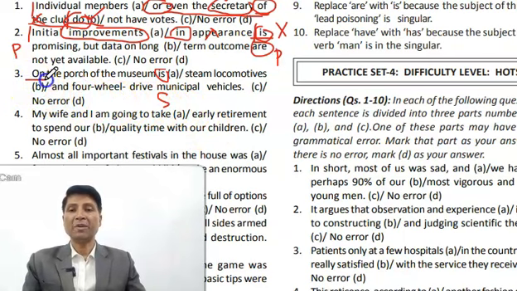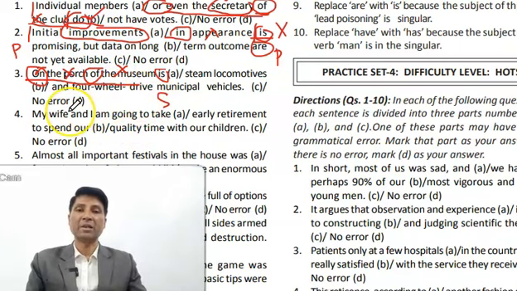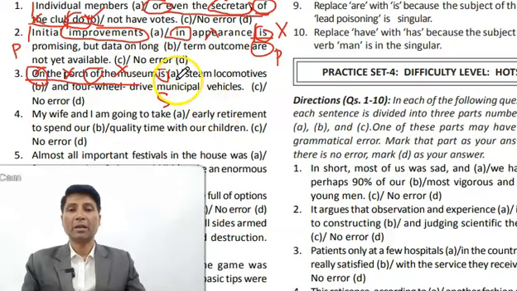If you look at the left hand side carefully, then you can see there are two prepositions. And you know it very well that a noun or pronoun coming after a preposition cannot become the subject. That means my subject is not on the left hand side or before the verb. I'll have to move to the right hand side. It means the subject has been inverted, which is steam locomotives and 4-wheel drive municipal vehicles.